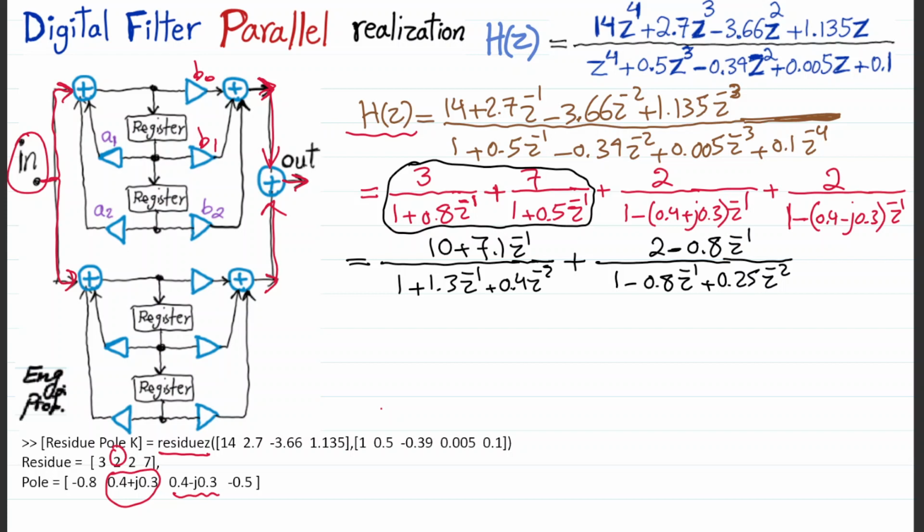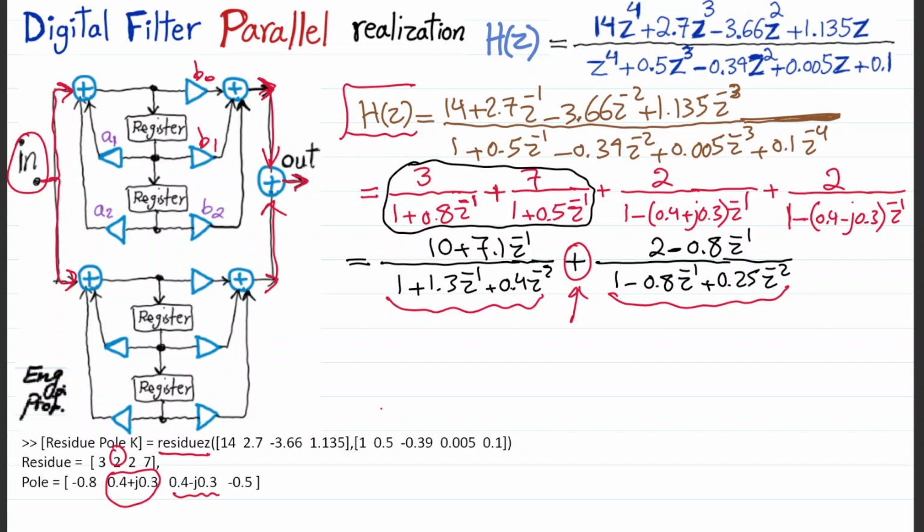You're done. So what we did here effectively is we managed to form H(z), which was given as the original transfer function, in the form of a sum of two transfer functions that are second order systems, as you can see, because the maximum order observed is the second order.